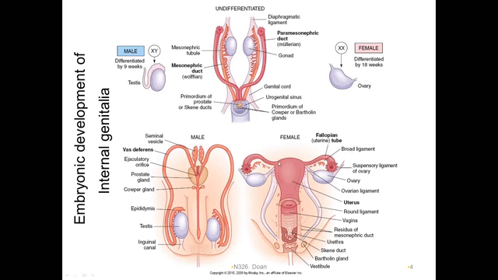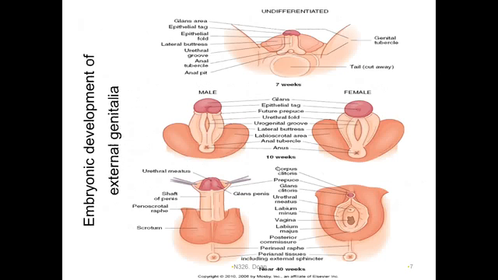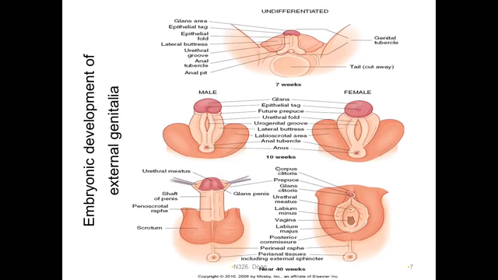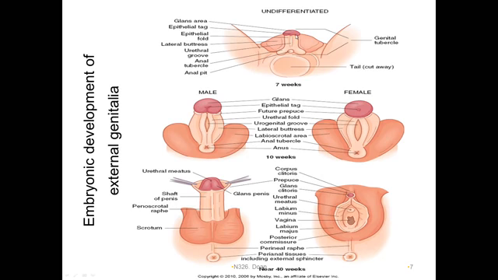Like the internal reproductive structure, the external structure is also developed from homologous embryonic tissue. During the first 7 to 8 weeks gestation, both male and female embryos develop an elevated structure called the genital tubercle.